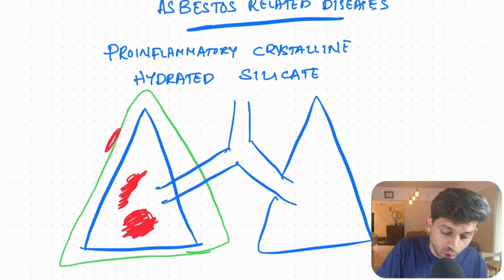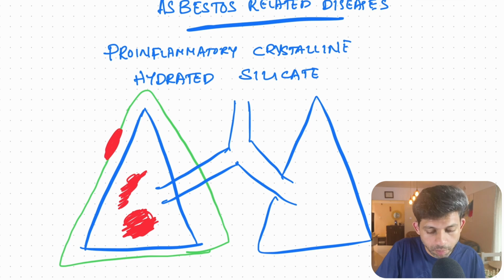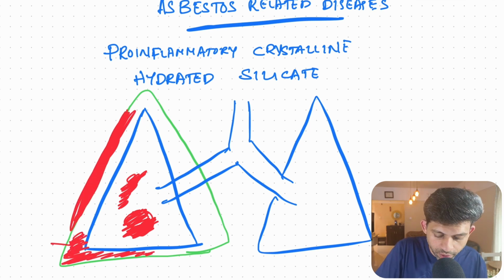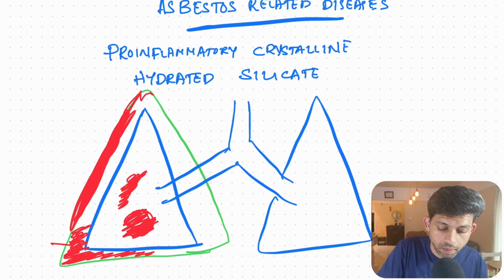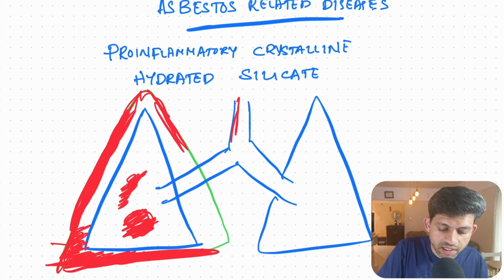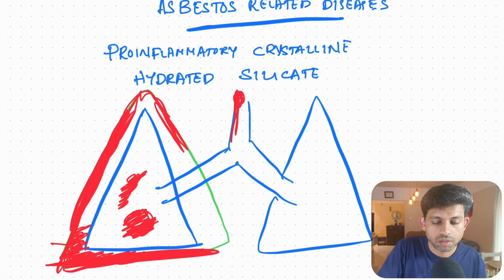It can cause small plaques in the pleura or even diffuse pleural plaques. Pleural effusion can also occur, and this is one of the most important causes of a malignant disease of the pleura called mesothelioma. Even laryngeal cancer can occur because of asbestos exposure.